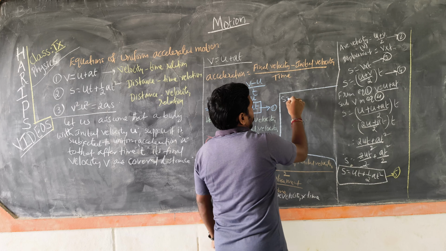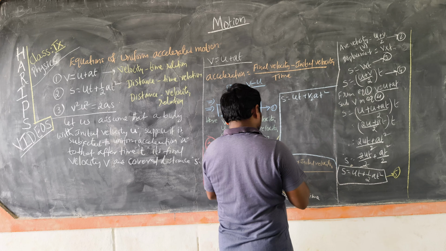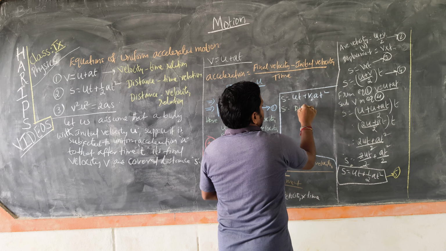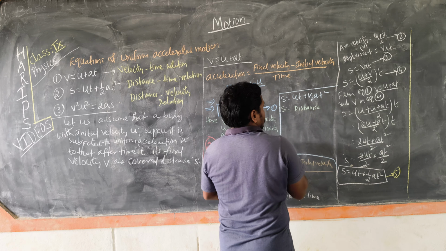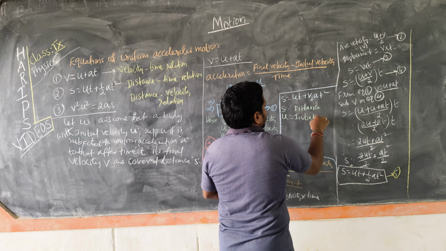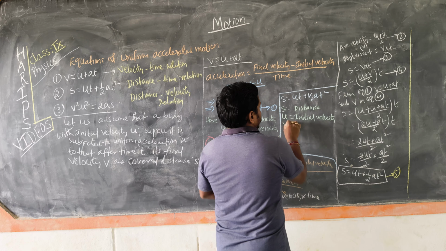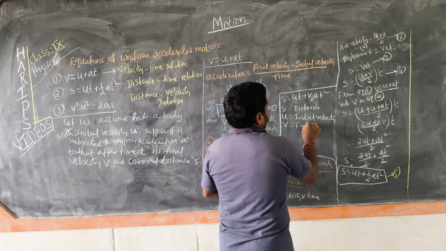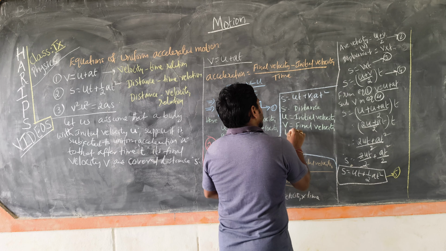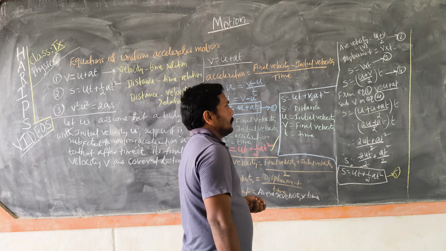In this equation s is equal to ut plus half at square: s is equal to distance or displacement, u is equal to initial velocity, v is equal to final velocity, t is equal to time taken.